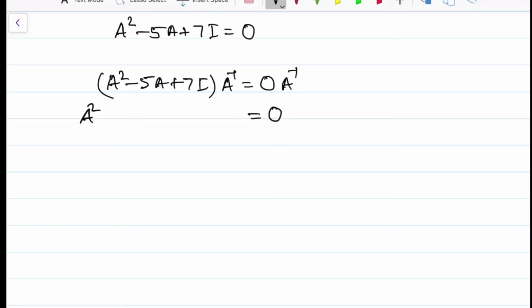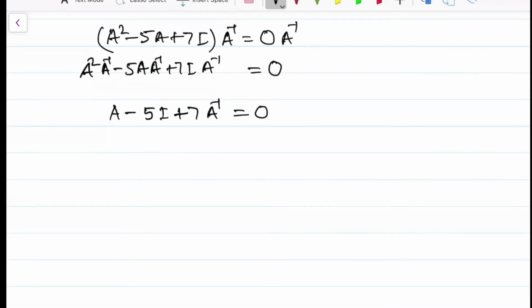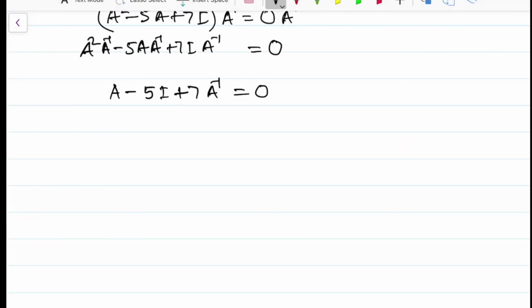The right side will again become O and the left side will be A square A inverse minus 5A into A inverse plus 7I into A inverse. Now it will be equal to A minus 5I plus 7A inverse is equal to O.